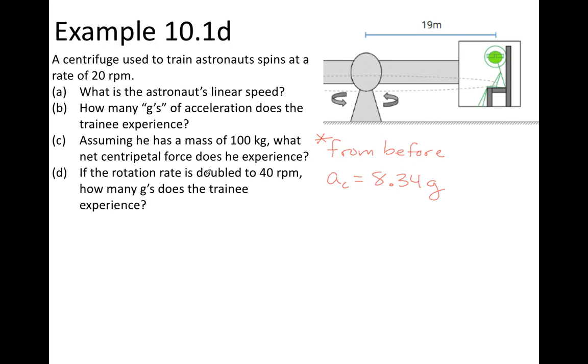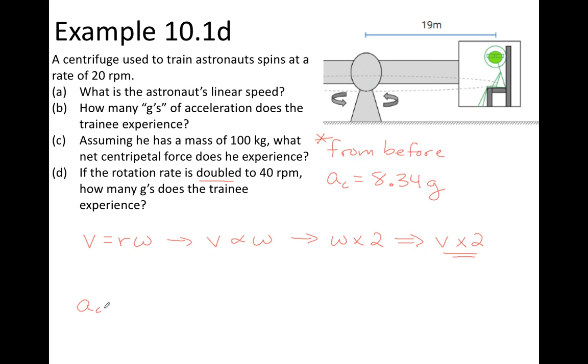So if the rotation rate is doubled, the linear speed is going to increase as well, because the linear speed is directly proportional to angular speed. If you increase the angular speed, you will increase the linear speed. We are increasing the angular speed by a factor of 2, and so that is going to mean that the linear speed, v, is multiplied by a factor of 2.